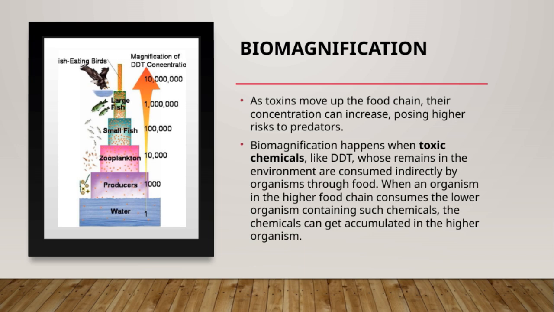This is why biomagnification is such a crucial concept to understand. It shows how harmful substances can become more concentrated as they travel through food chains. It really highlights the interconnectedness of ecosystems and the importance of controlling pollutants at their source.